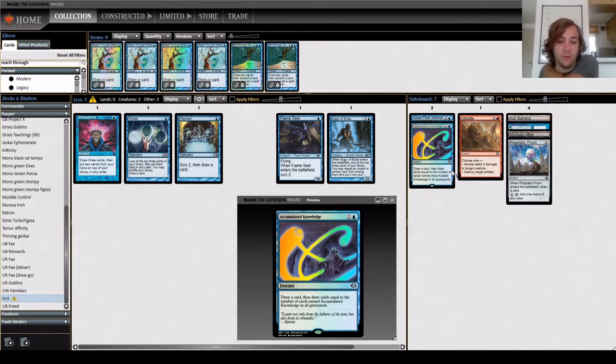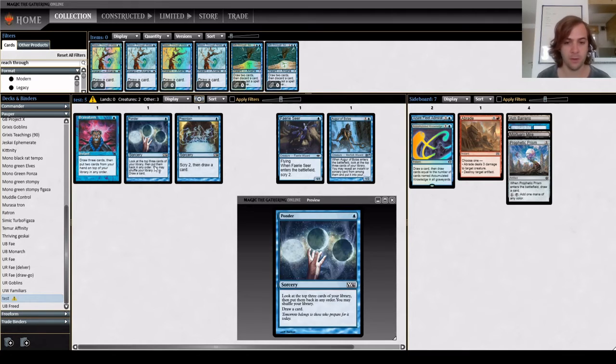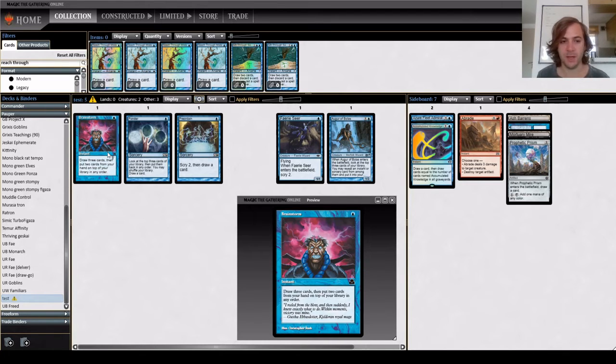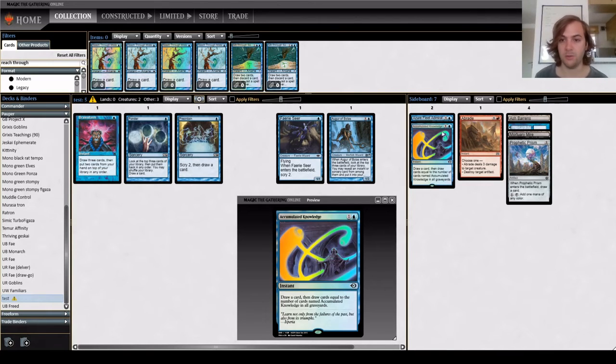So if you're in an Accumulated Knowledge deck, you sometimes want to forfeit value, forfeit filtering, and play first your Fairy Seer and then the Ponder, trying to find the Accumulated Knowledge, right? Maybe not with Brainstorm, because as we said before, brainstorming and locking yourself is awful, so you try not to do that. But with Ponder and Fairy Seer, it may make sense to just play the Fairy Seer first and then the Ponder, trying to find your Accumulated Knowledge.